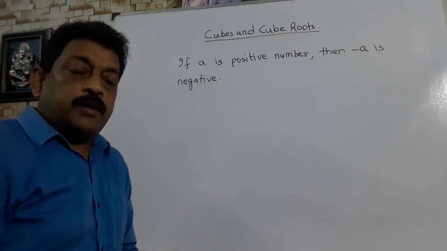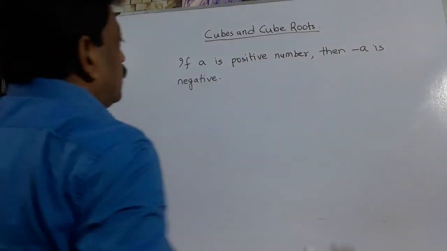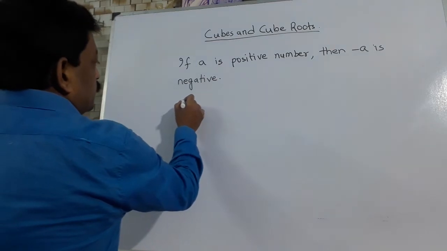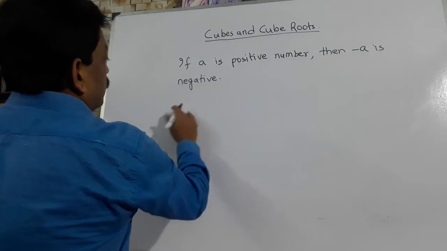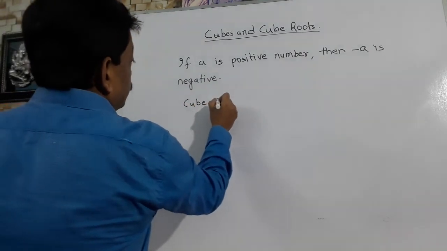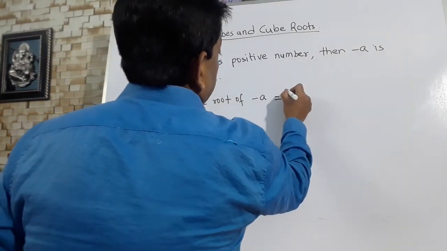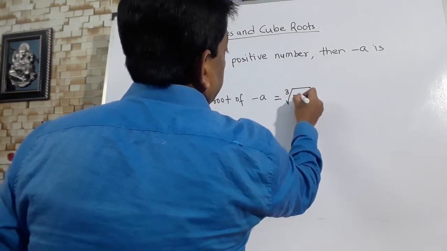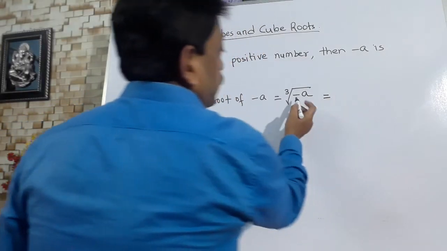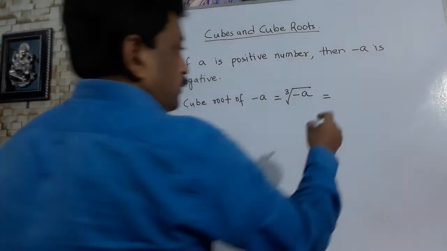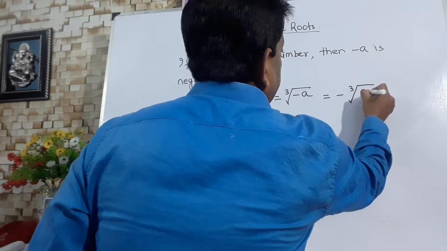So that is a negative number. Now suppose a negative number is given to us, how to find its cube root? So the cube root of a negative number minus A is written in this form. Cube root of minus A is equal to, it is also written as, this negative sign can be taken out of the root, so it can be written as minus of cube root of A.